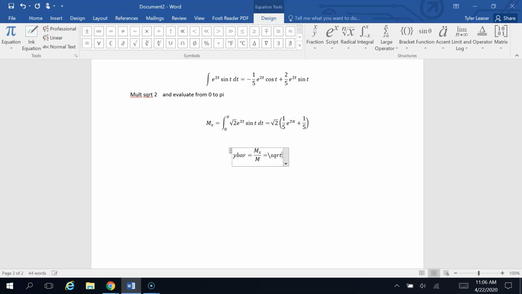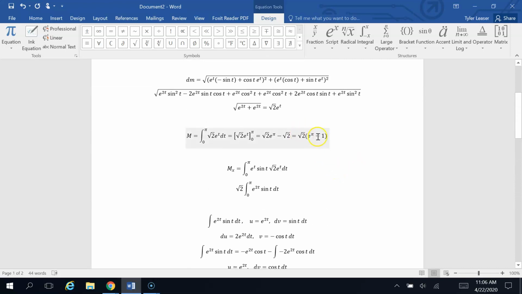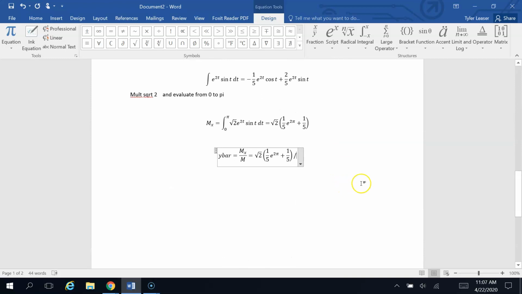So the square root of 2, 1/5 e to the 2 pi plus 1/5. And that's going to be divided by the total mass, which we did find a little bit ago. This was the total mass, square root 2 e to the pi minus 1. So we're dividing that by square root 2 e to the pi minus 1.